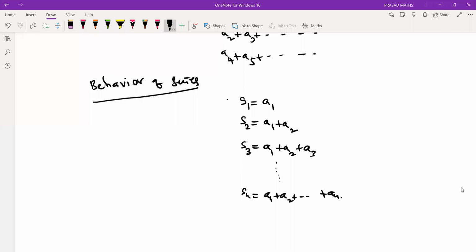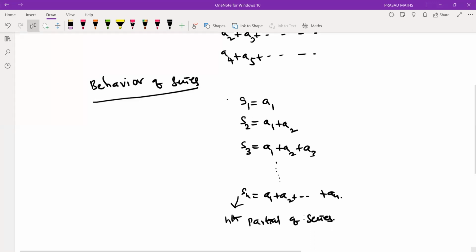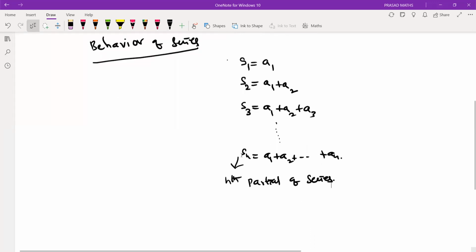So this Sn is nothing but the nth partial sum of the series, right? S1 is the first partial sum, S2 is the second partial sum, S3 is the third partial sum, Sn is the nth partial sum, Sn plus 1 is the n plus 1 partial sum. So through these partial sums, you are getting a sequence.